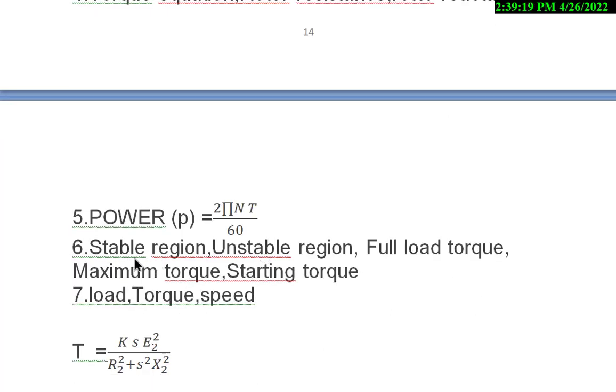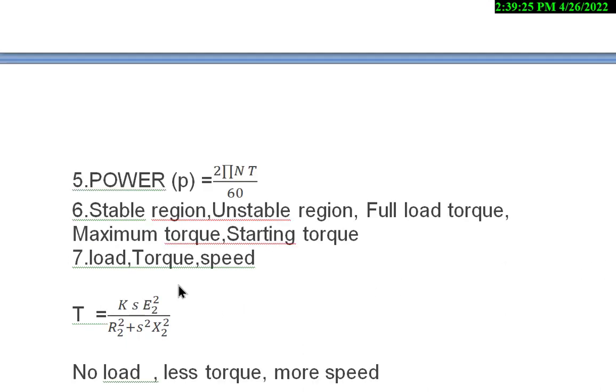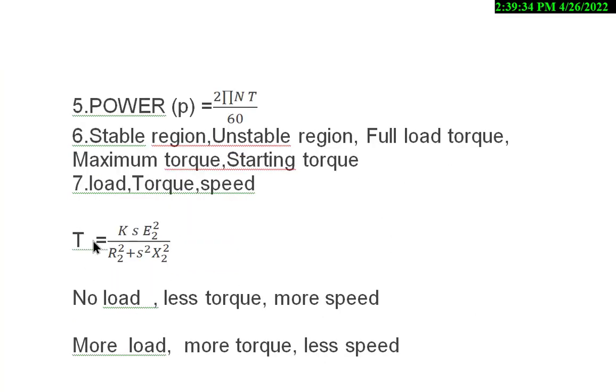And also stable region, unstable region, full load torque, maximum torque, starting torque. The other terms are load, torque, speed, relations. Torque equation is nothing but K into S into E2 square divided by R2 square plus S square X2 square.